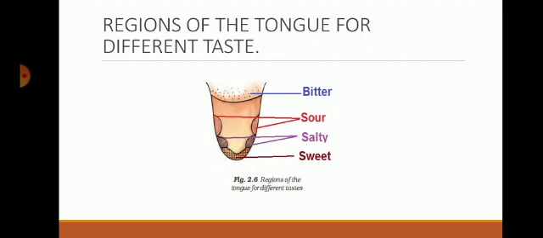Next activity: to determine the position of taste buds on the tongue. First of all, prepare samples of sugar solution, common salt solution, lemon juice and juice of bitter gourd.